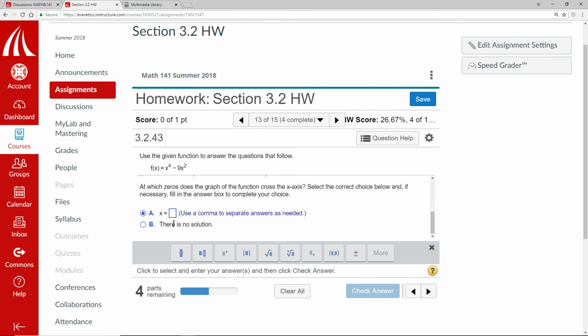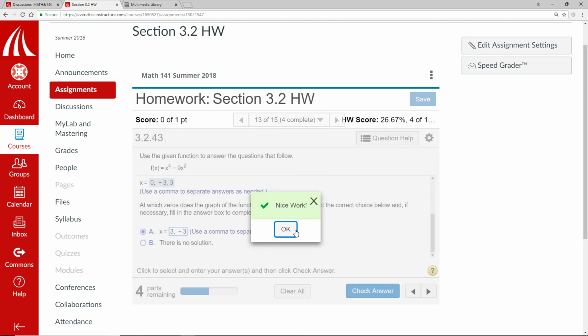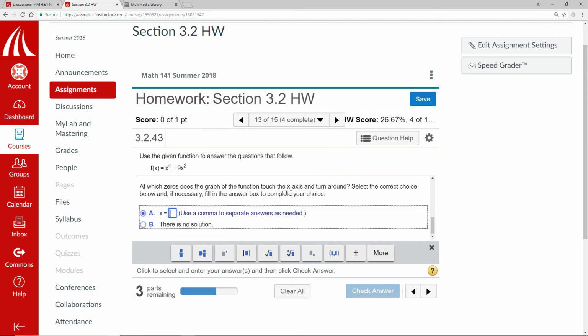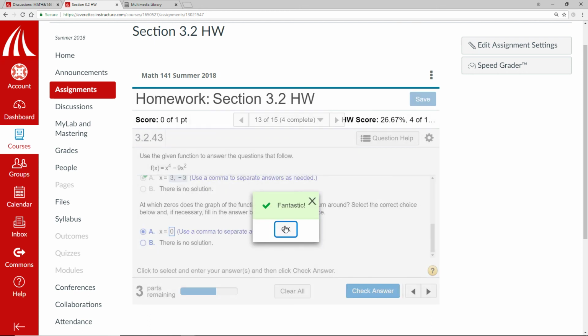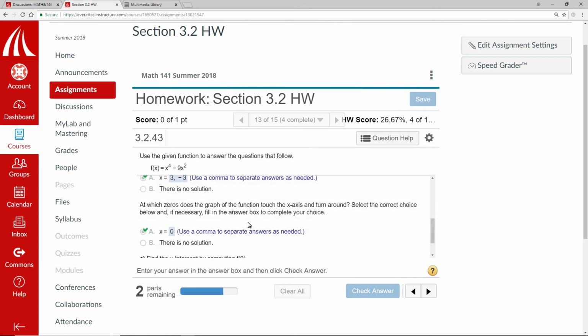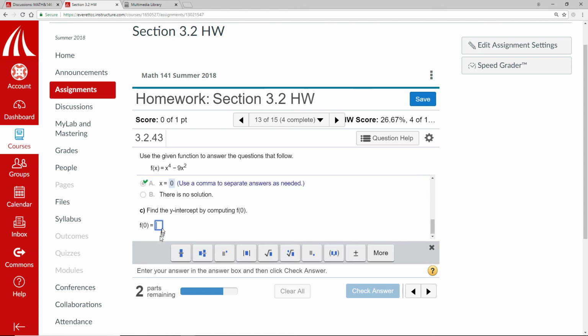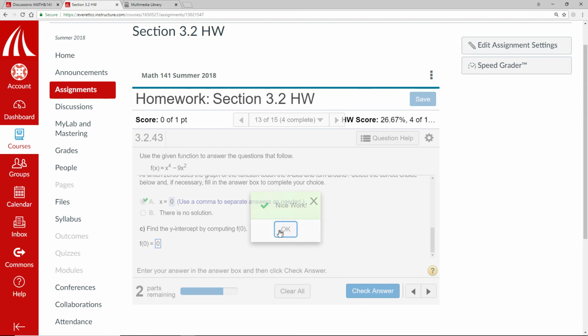It should cross at 3 and -3, because those do not have multiplicity, but 0 does. So it does a reversal right there. 0 was x squared, and so that's why I knew that. It touches at the origin, that's where it does its little reversal.